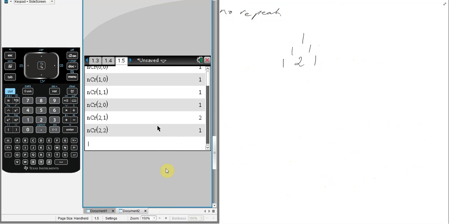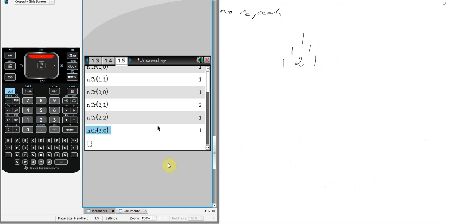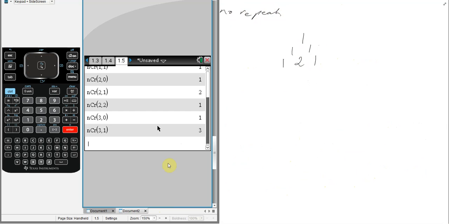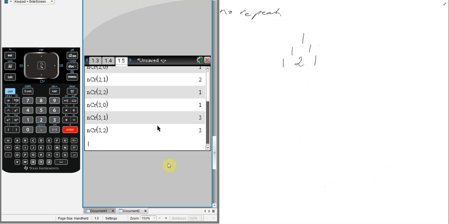I might start speeding up a bit. What if we had 3 objects arranged into 0 positions? That one's 1. Let's just remember some of these. 3 objects arranged into 1 position, 3 ways you can do that. How about 3 objects in 2 positions? 3 ways. And 3 objects in 3 positions.